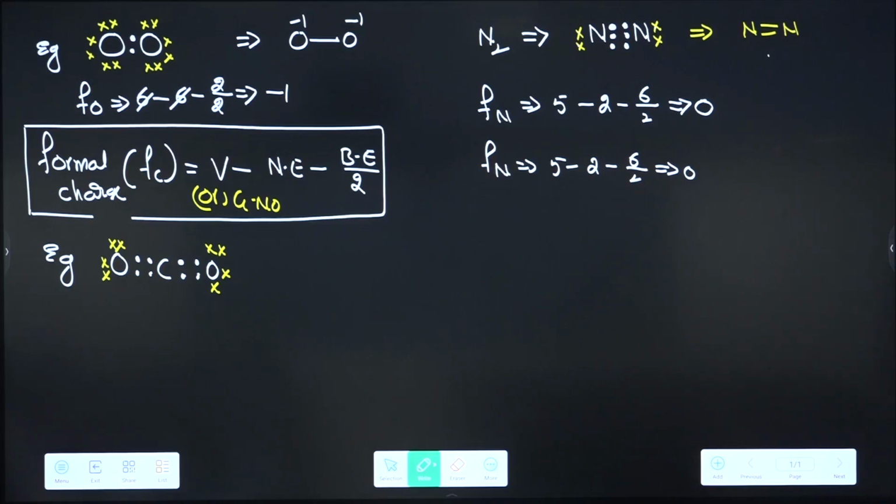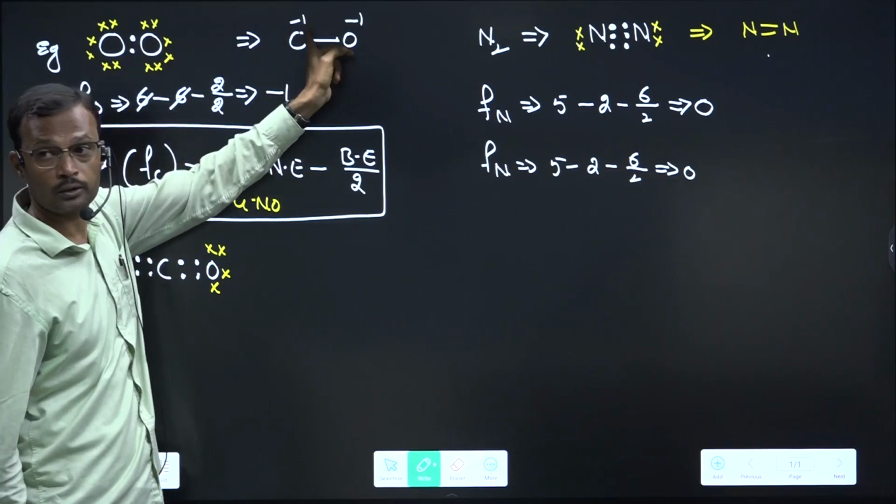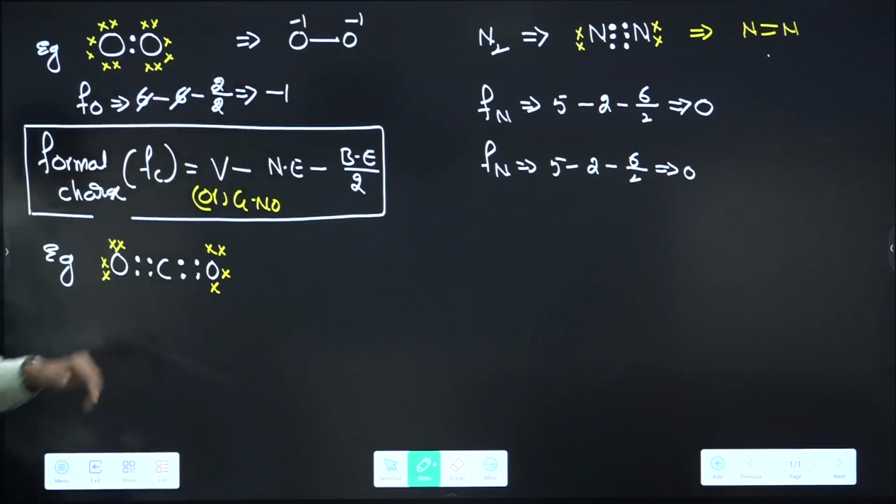So it is a Lewis dot structure of which one? Hydrogen peroxide. It is a peroxide structure. Suppose if I write hydrogen here, H2O2 or not? H2O2, peroxide structure.